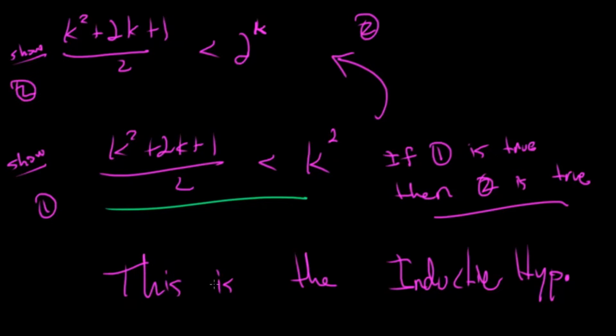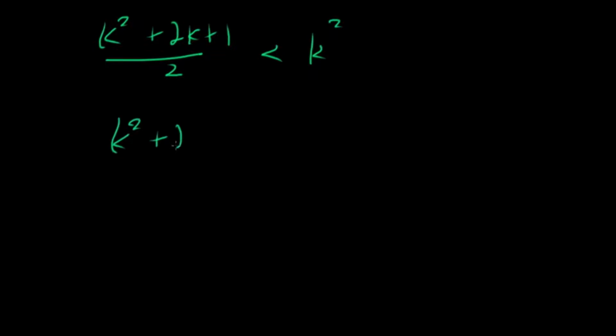The first two examples I showed you in this video were pretty straightforward. Inductive proofs can be a little bit tricky. They do require a little bit of intuition. So we have k squared plus 2k plus 1 divided by 2. We need to show that it is in fact less than k squared. So is this in fact true? Let's figure that out. I'm going to multiply by 2 on both sides.